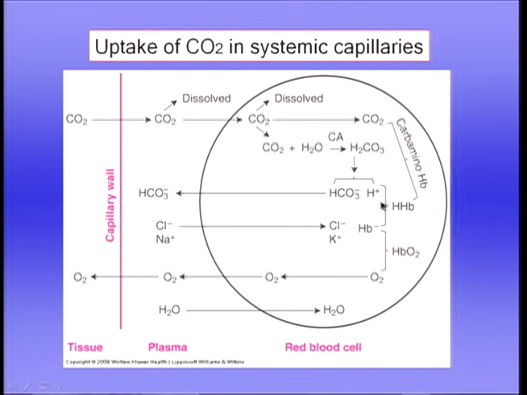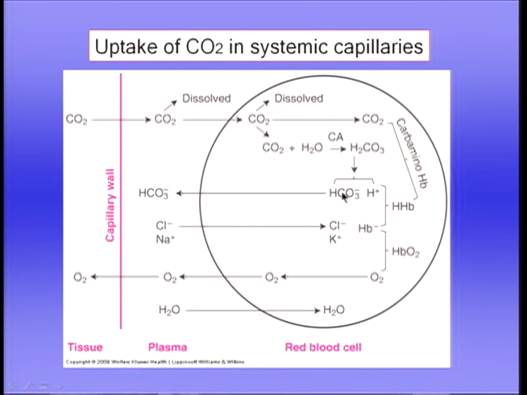In other words, the reduced hemoglobin is able to combine with these protons, these hydrogen ions, much more easily than the oxygenated hemoglobin. So you can see that having reduced hemoglobin in the red cell then accelerates the formation of carbonic acid. And this means that the lower the oxygen saturation of the blood, the better able it is to take up carbon dioxide.